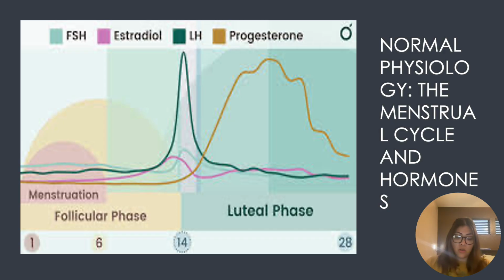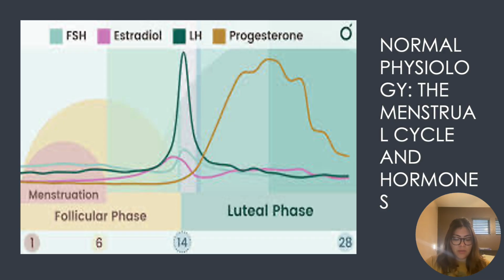The next is normal physiology of the menstrual cycle and hormones. Normally the menstrual cycle works because of delicate balances of hormones. The pituitary gland releases FSH and LH, and FSH helps stimulate the follicles to grow. LH triggers ovulation.